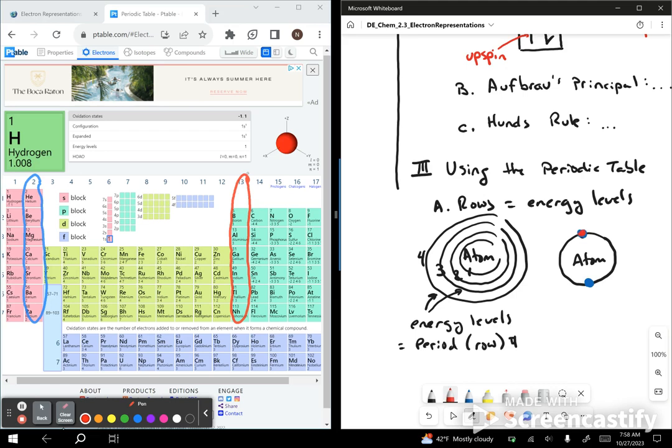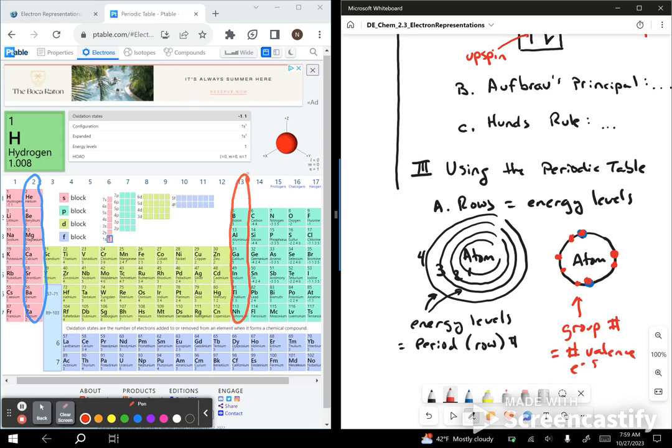You'd have 3 valence electrons. And so you can fill all the way up to a total of 8 valence electrons. And your group number equals the number of valence electrons.